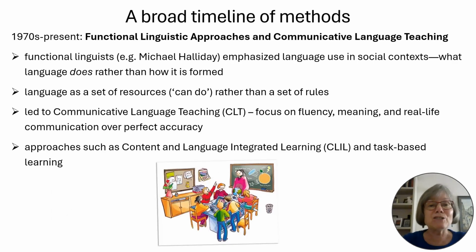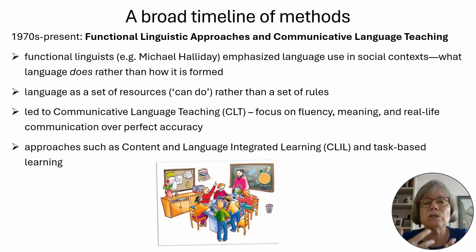Then, as a reaction to that, to moving from inside the brain to outside the brain into interaction and thinking about what we use language for, functional linguists like Michael Halliday, whose work we'll be seeing in Units 4 and 5, emphasize language use in social contexts. So what language does rather than how it's formed.